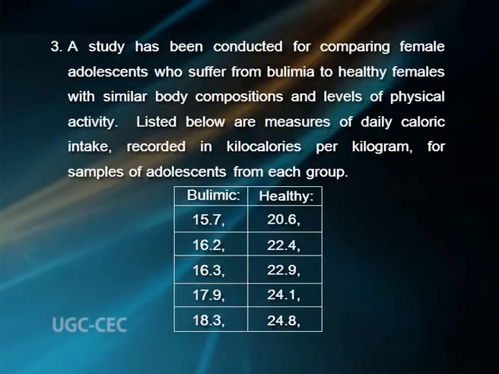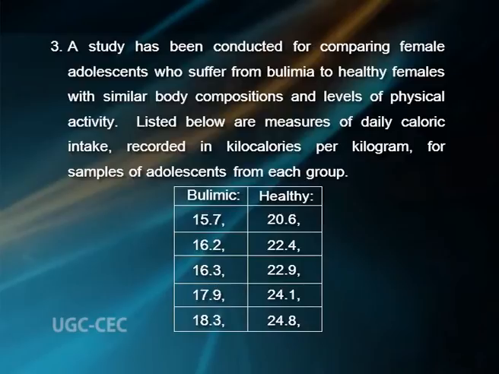Question 3. A study has been conducted for comparing female adolescents who suffer from bulimia to healthy females with similar body compositions and levels of physical activity. Listed below are measures of daily caloric intake recorded in kilocalories per kilogram for a sample of adolescents from each group.